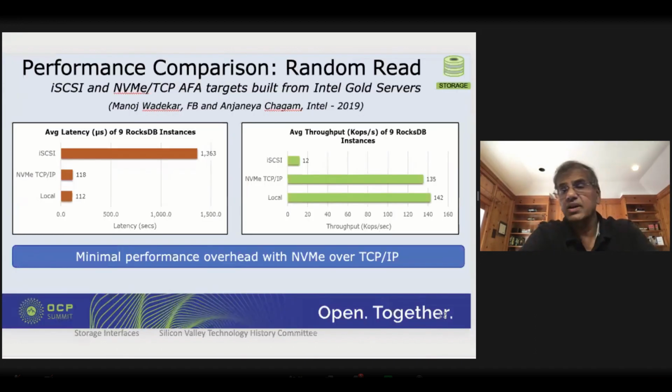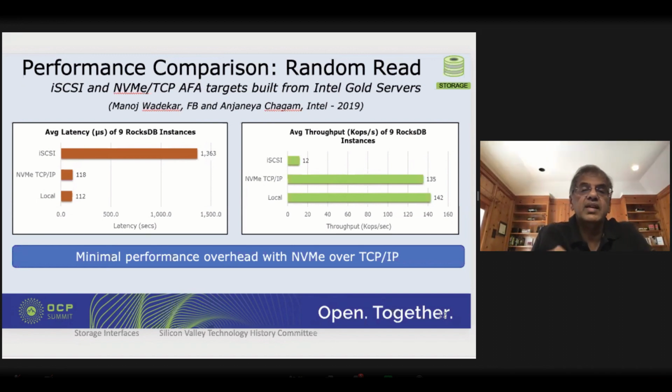I'll end with this one chart because it really shows you how much we have come in interfaces. This is comparing the NVMe over TCP interface to the iSCSI interface, the thing that just preceded it. What you see here are performance measurements taken jointly by folks from Intel and folks from Facebook.